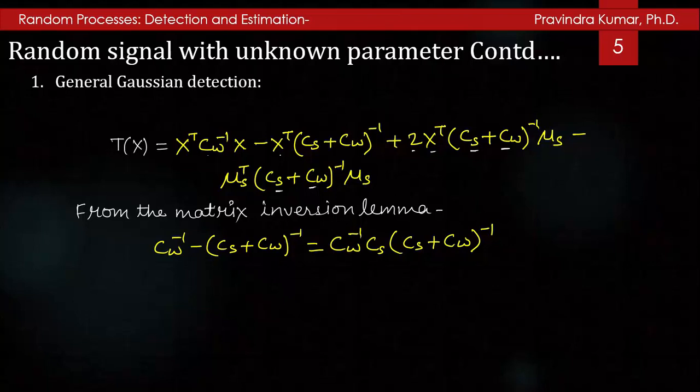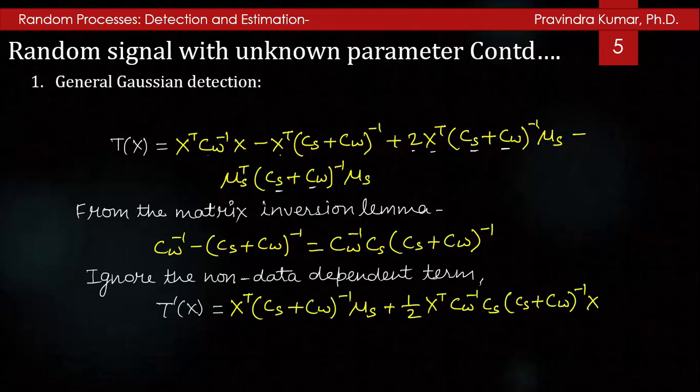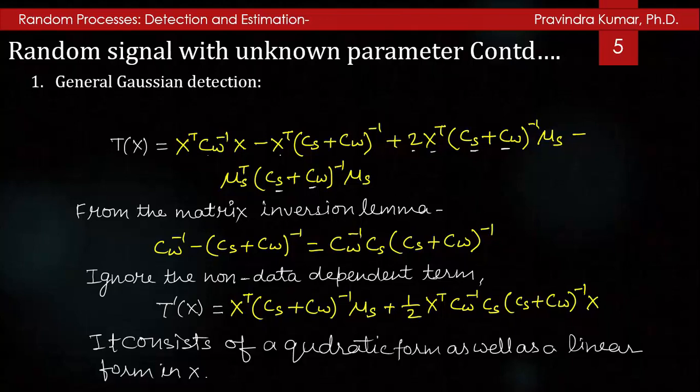By ignoring the non-data dependent term and scaling, we get the test statistic T'(x) equal to x transpose inverse of (Cs plus C omega) into mu s, plus 1 by 2 x transpose inverse of the matrix C omega Cs and inverse of the matrix (Cs plus C omega) into x. This test statistic consists of a quadratic form as well as a linear form in x.